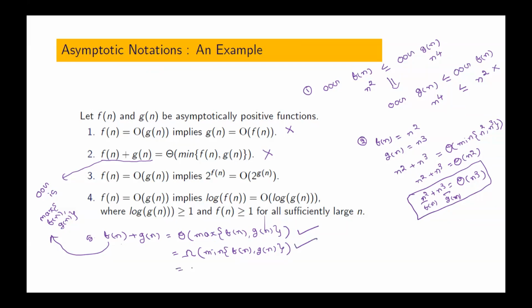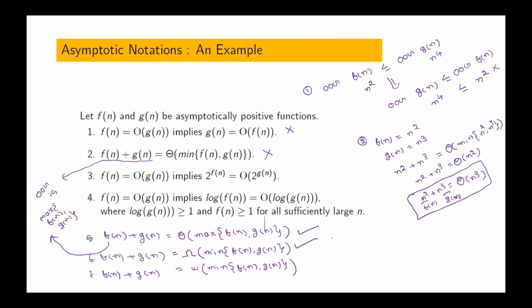Is it the same as this, minimum of f of n comma g of n? It is also true. Is that true or not?